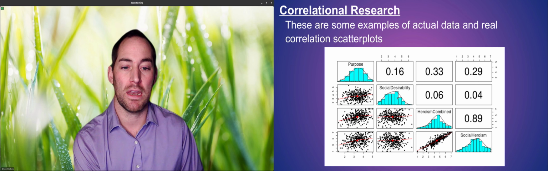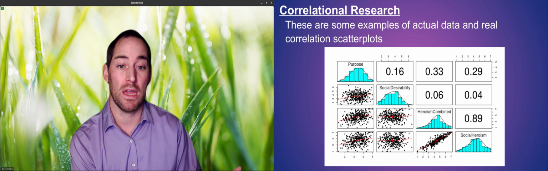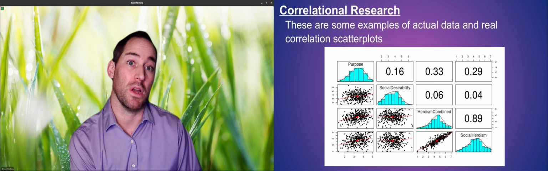Social desirability and heroism: I was hoping that they would not be correlated, because you don't want people answering your heroism scale in a socially desirable way. So this person, this person, this person, they all answered in a socially desirable way. So they were trying to make themselves look socially desirable. This person, this person, this person, all answered in a way that was not socially desirable.